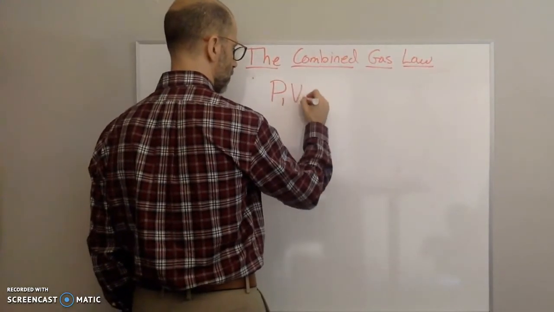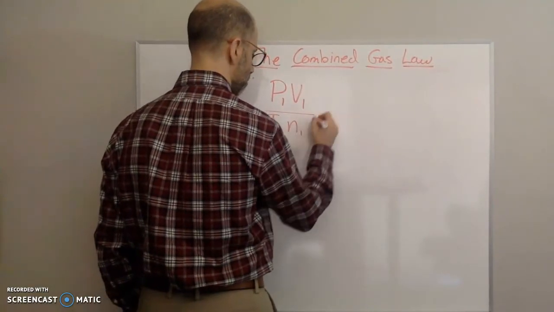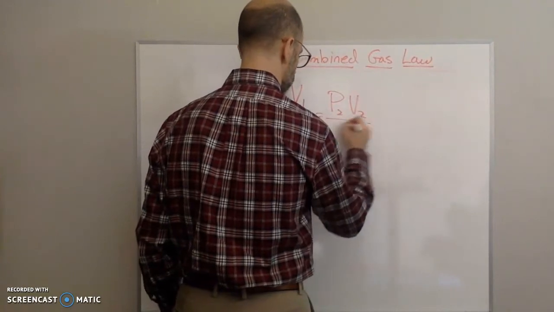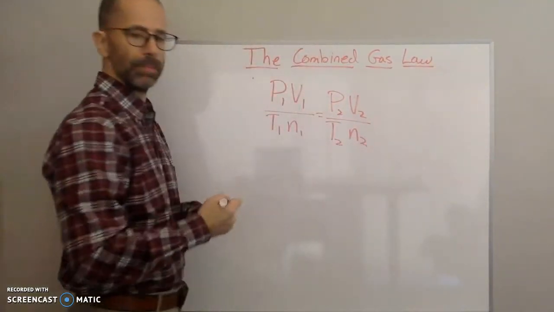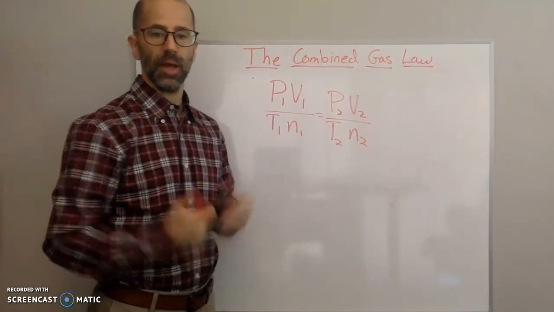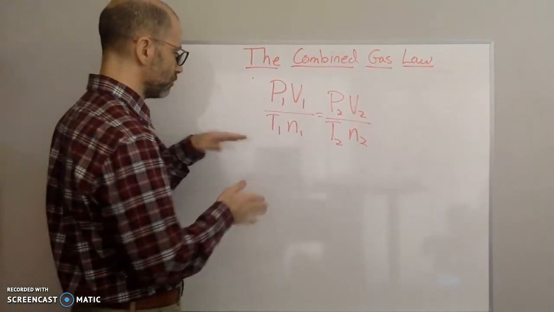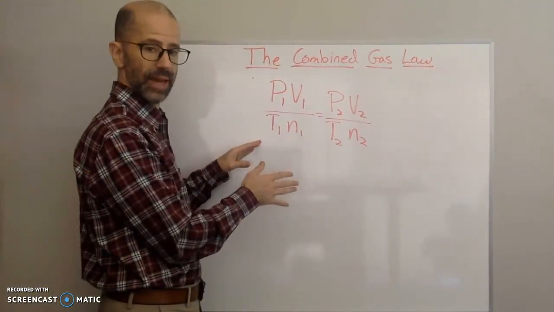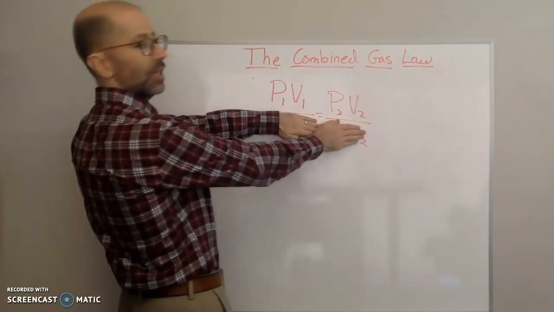So P1 V1 over T1 N1 equals P2 V2 over T2 N2. So once again, whatever's held constant. If temperature and amount of moles are constant, then you cover that up and look what's left.